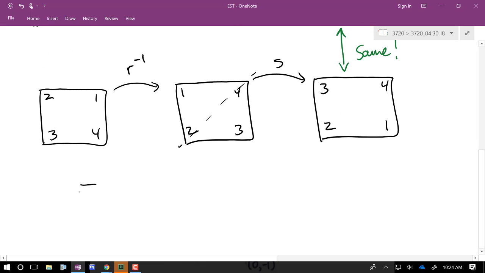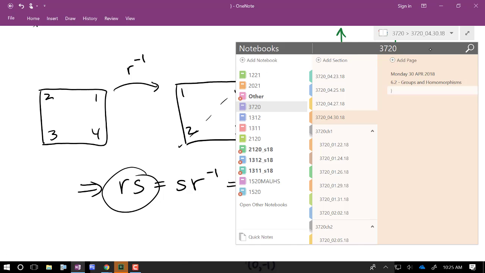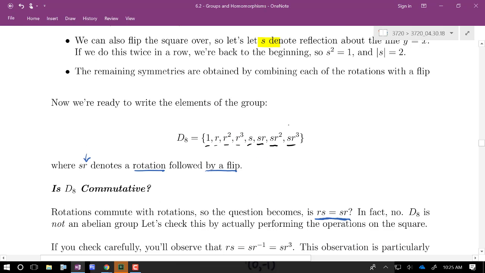So in fact, RS is the same as SR inverse. SR inverse, doing a counterclockwise rotation, is the same as doing a clockwise rotation 3 times. And so this is in fact the same as SR cubed. So this operation is already in our set right here.